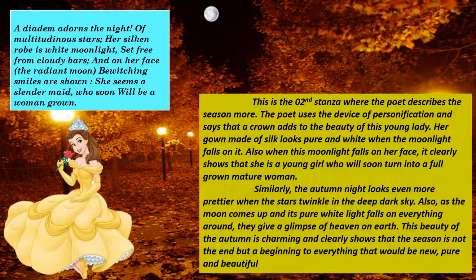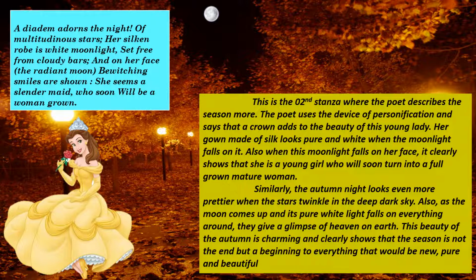So the poet is telling us that just like the daytime during the autumn season, the night time during the autumn season is even more pretty. The night looks even prettier because the stars shine and twinkle in the deep dark sky. Also, as the moon comes up and its pure white light falls on everything around, they give a glimpse of heaven on earth.